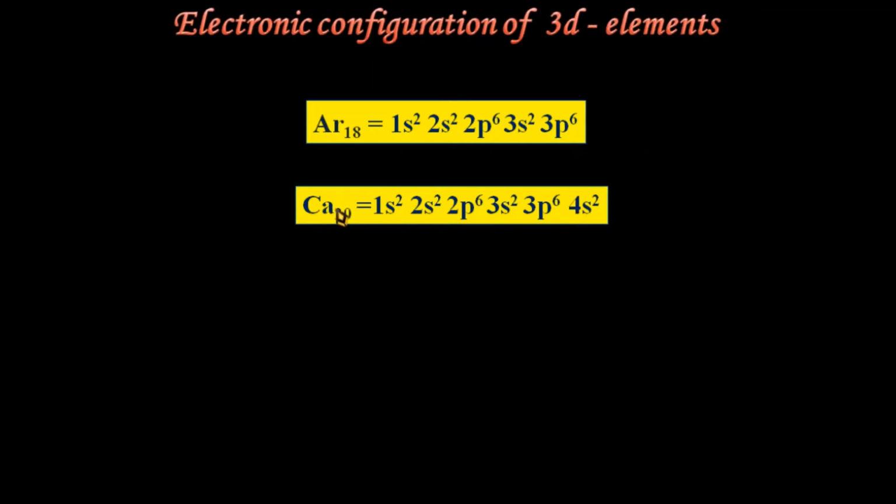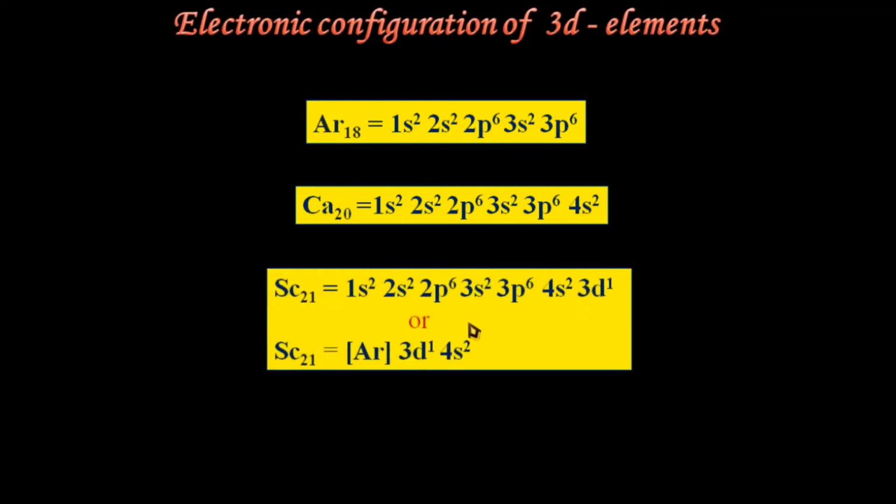So the 21st electron, in scandium, enters the available 3d orbital. So the electronic configuration of scandium is written as 1s2, 2s2, 2p6, 3s2, 3p6, 4s2, 3d1.